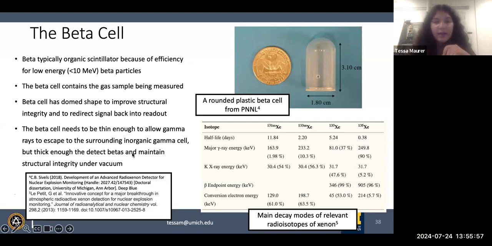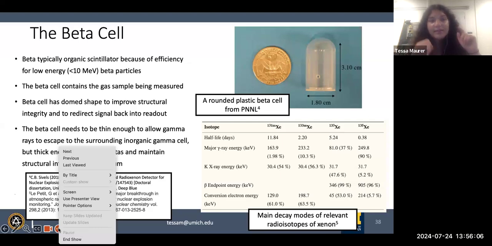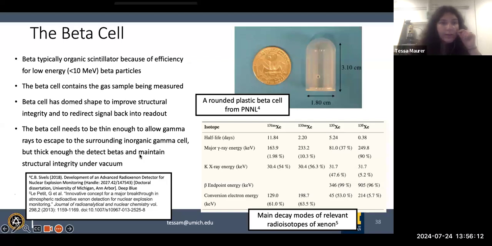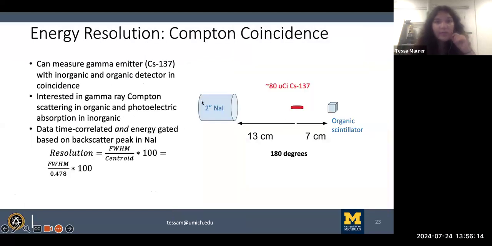Yes. That's the concept behind some of the energy resolution work I talked about. Oh no, my computer is freezing.